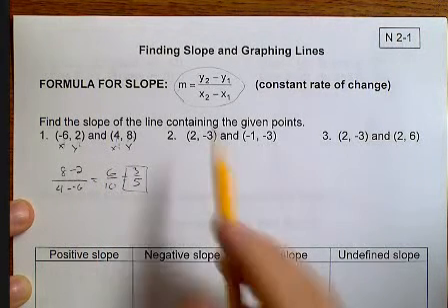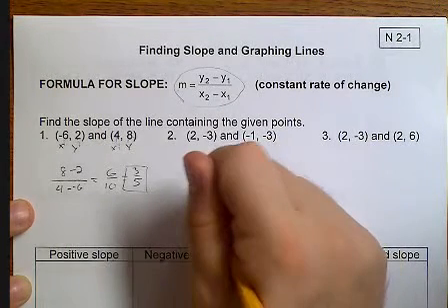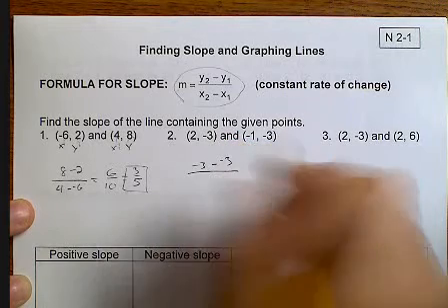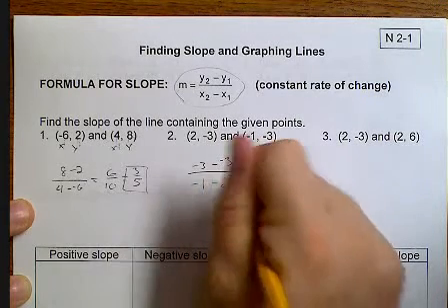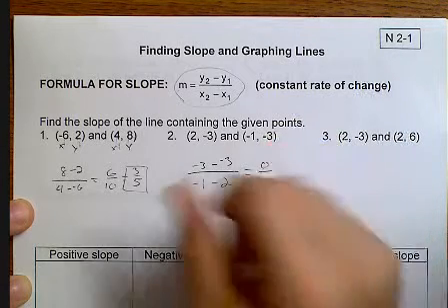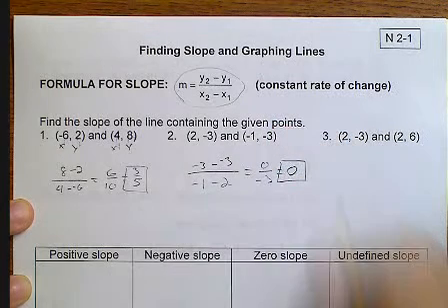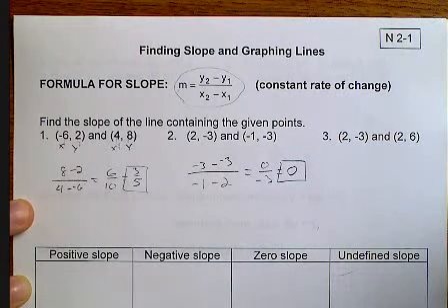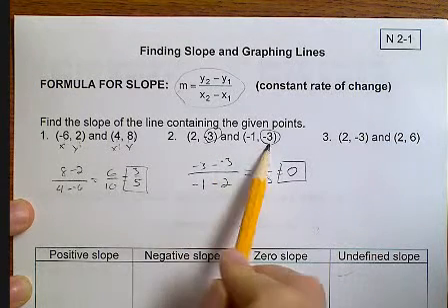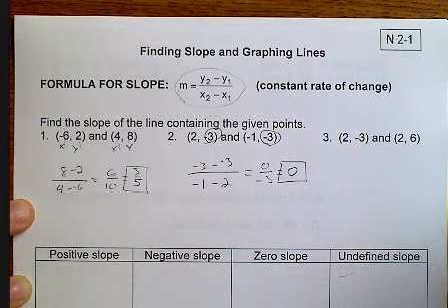So we're going to talk about number 2. We start with our y's, negative 3 minus negative 3, all over negative 1 minus 2. Well, negative 3 minus negative 3 is 0, over negative 1 minus 2 is negative 3. We'll get a slope of 0. Now, you may have noticed that these were the same. If you ever notice that the y coordinates are the same, you will know that your slope is 0.